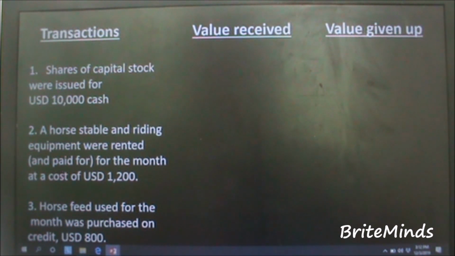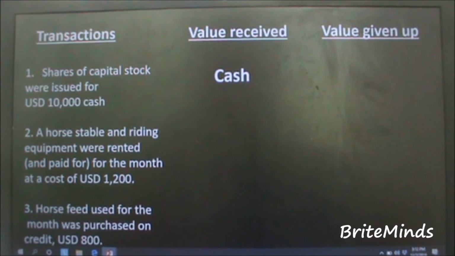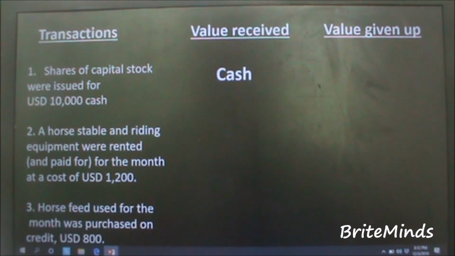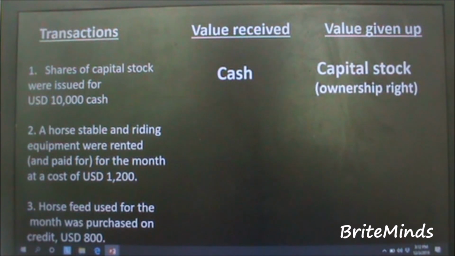So what will be the value received? The value received from the point of view of the business is the cash. And then what will be the value given up? The value given up is the capital stock or the ownership right.